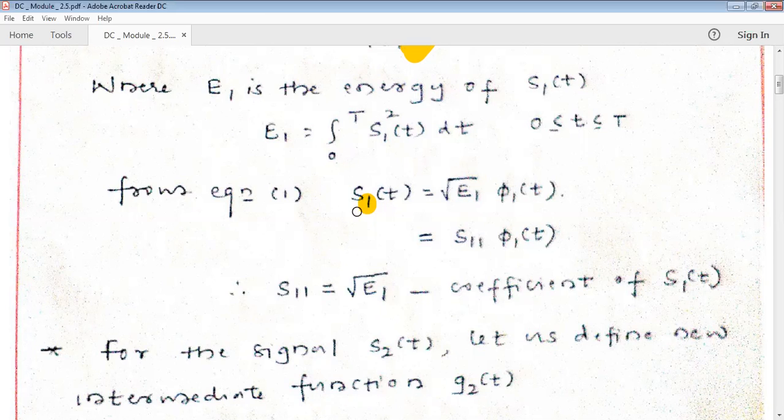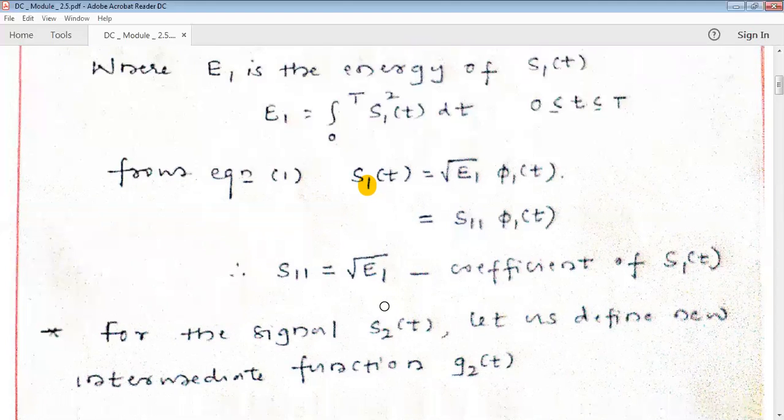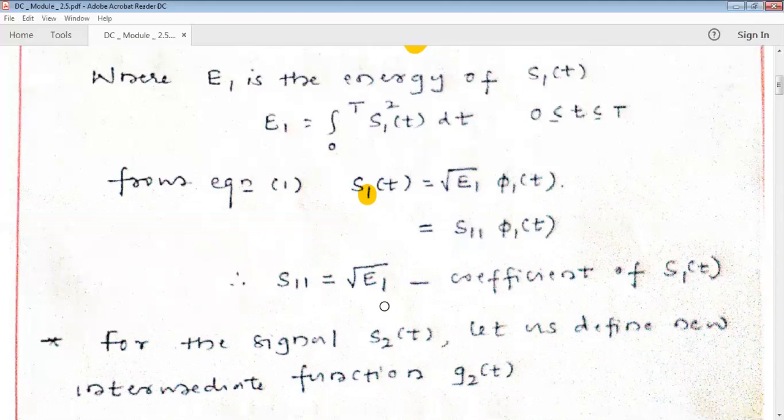If I represent this signal s1 of t by a signal vector S1, the first element in this column vector is S11. So by comparing these two equations, the coefficient S11 can be equated to the square root of E1, where E1 is the energy of signal s1 of t.